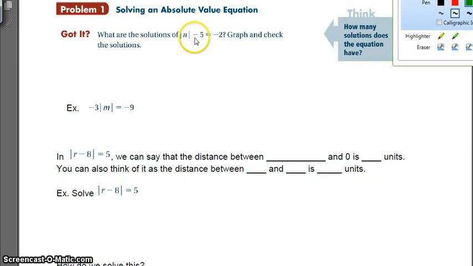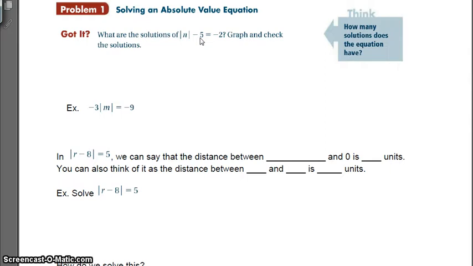this distance minus 5 is equal to negative 2. So because this is not inside the absolute value, we can actually approach that on its own just like we do with normal equations. So we can add 5 to both sides. And then you get the absolute value of n is equal to 3.